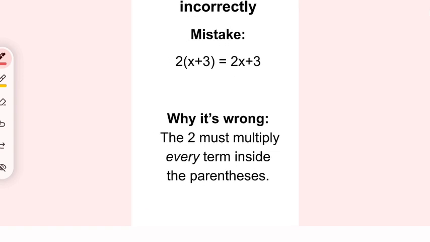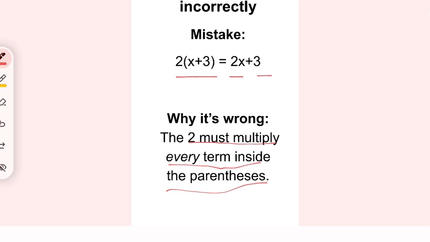As you can see, we have 2 times x plus 3. Some people would just multiply 2 and x and not the 3. So it is wrong. The 2 must multiply every term inside the parenthesis.